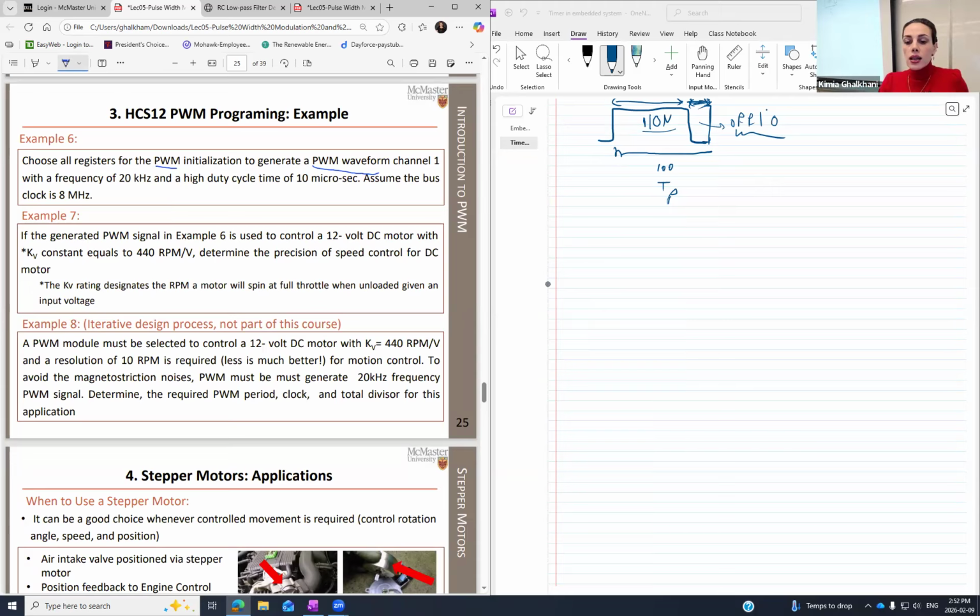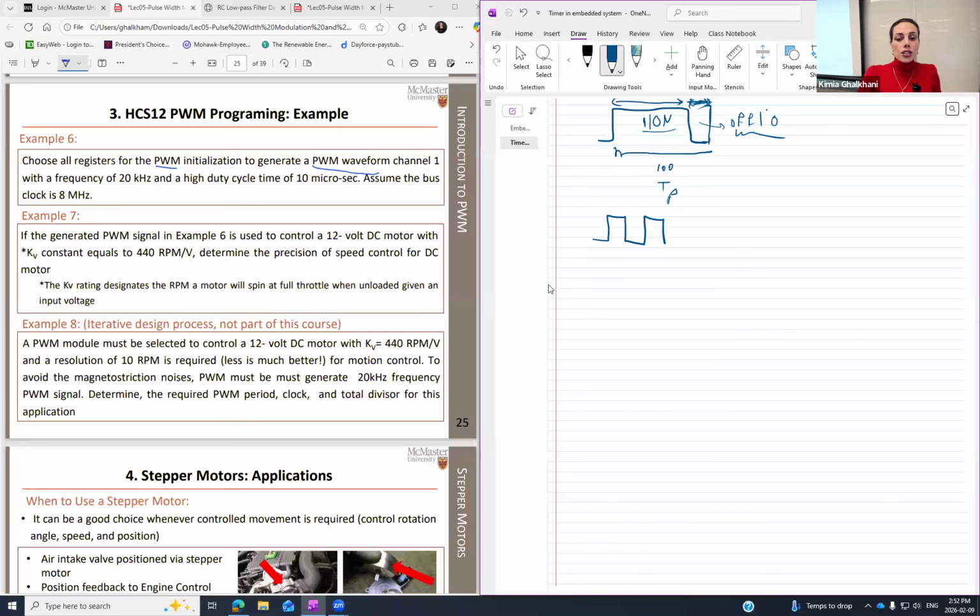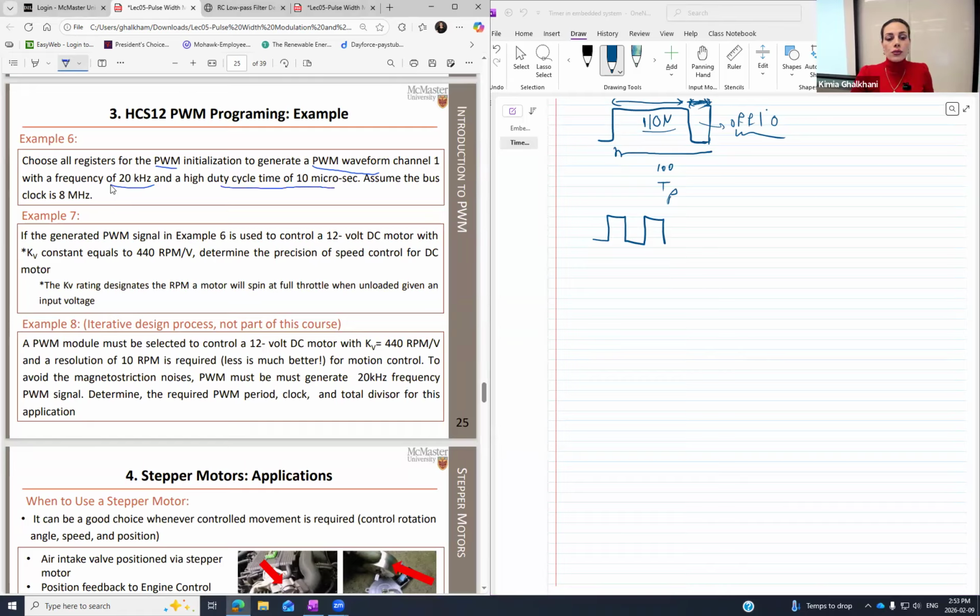I'm going to generate some square wave. Any square wave could be considered as a PWM waveform, right? Therefore, I'm going to look at the channel 1 with frequency of 20 kilohertz and a high duty cycle of 10 microseconds. Assume the bus clock is 8 megahertz.